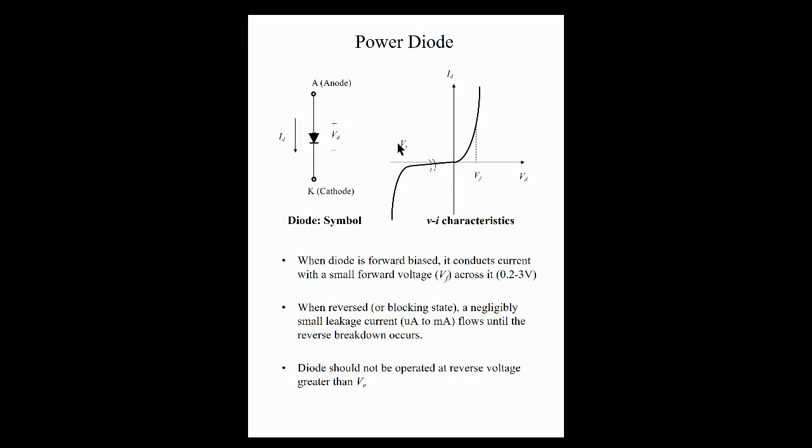So important to note, we don't normally operate our diode in the reverse voltage state, whereby we have it greater than that reverse voltage, right? If we do so, then we're actually breaking down the structure of your device, right? So we don't normally operate beyond this reverse voltage threshold.